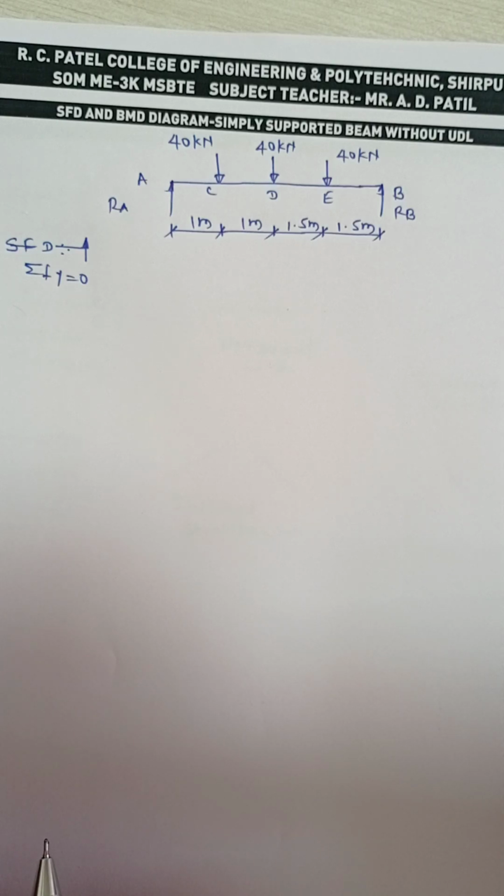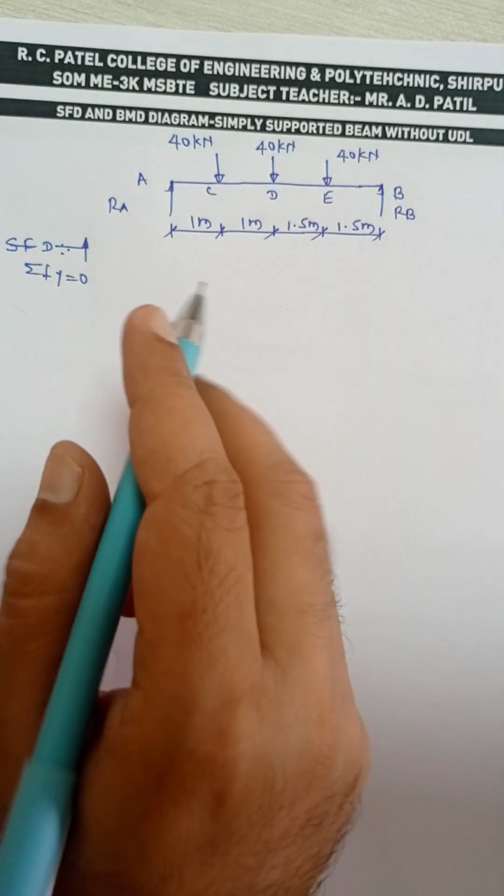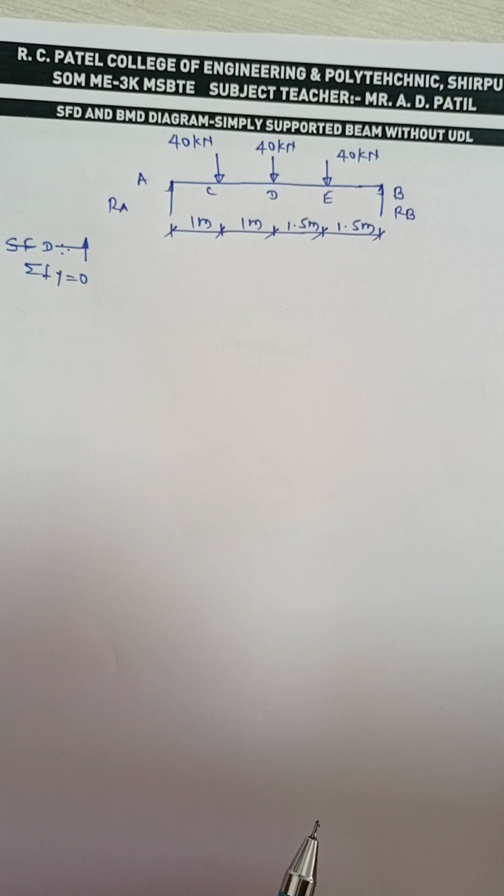So we are using first condition, summation of f of y equal to 0. Y means forces acting in the y direction. Summation of f of x means algebraic summation of forces acting in the x axis. All the forces in this diagram are acting in the y axis.